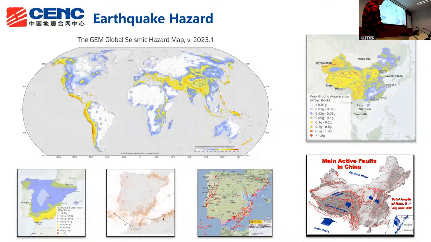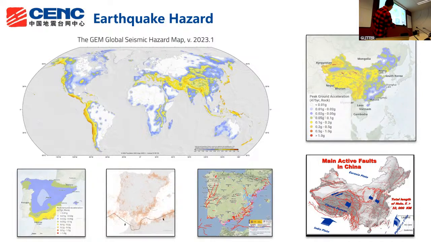This is Spain. We can see most areas of Spain have low seismic hazard risk, because this shows the active faults around Spain, and only the south, especially Galicia, around here has a little active fault.